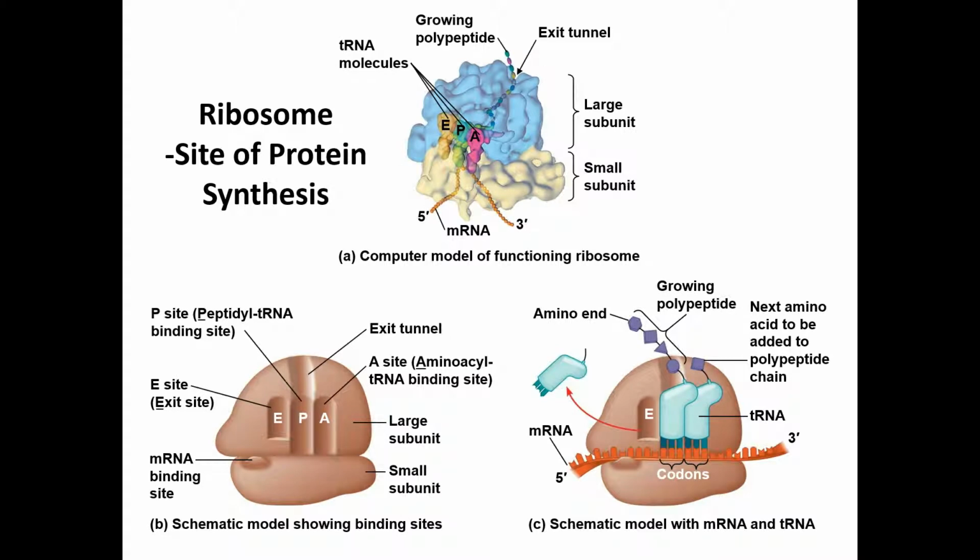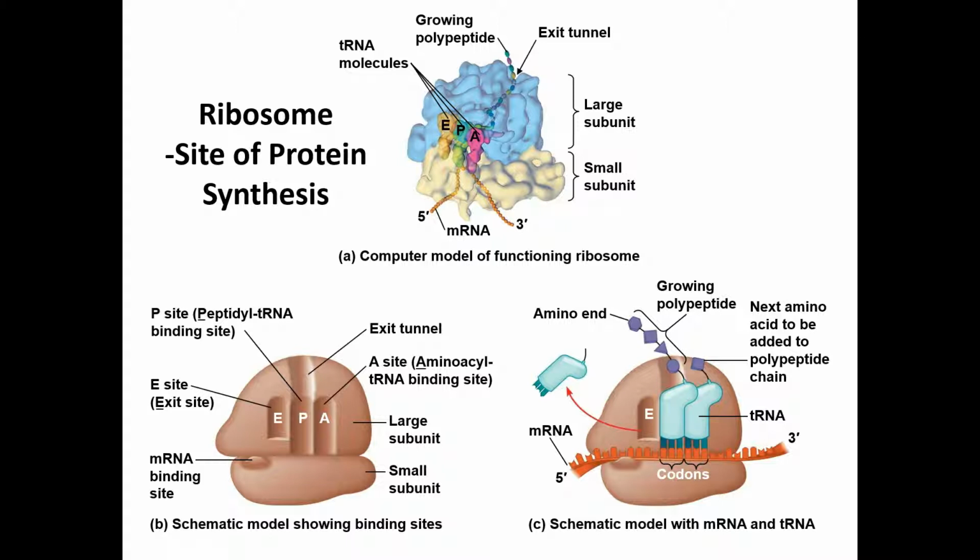Here is a picture of the ribosome. You have your large subunit and your small subunit. The key thing here is that your ribosome has three specific sites. They're labeled as E, P, and A.